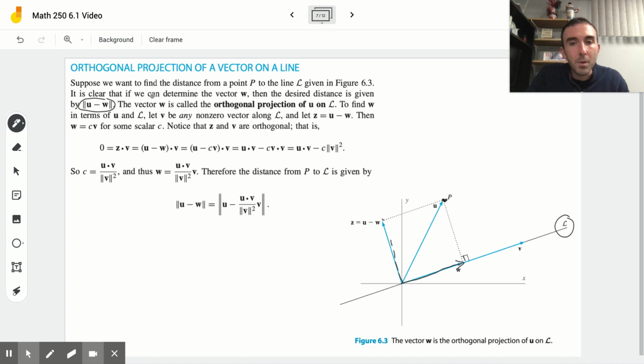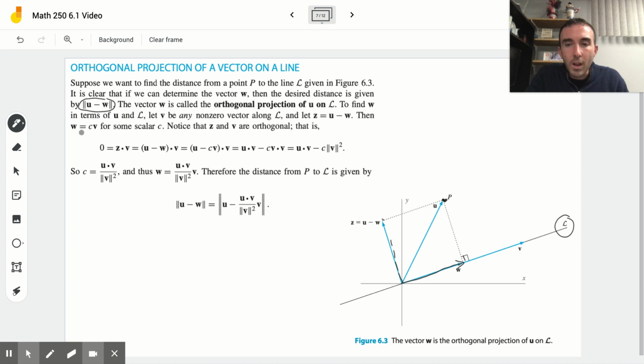The vector W is called the orthogonal projection of U onto L. To find vector W in terms of U and L, we let V be any non-zero vector along L and let Z equal vector U minus vector W, just as we have shown here in the picture.